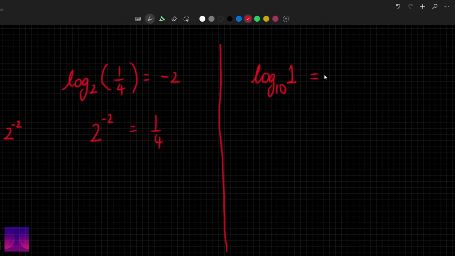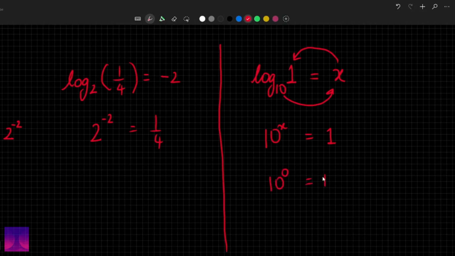Let's take it as x. Now let's write it in the exponential form. 10 to the power x must give us 1. It's pretty simple. Any number raised to power 0 will always give us 1. Any number, whether it be 10, 20, 19, 1.999, any number. So 10 to the power 0 equals 1.